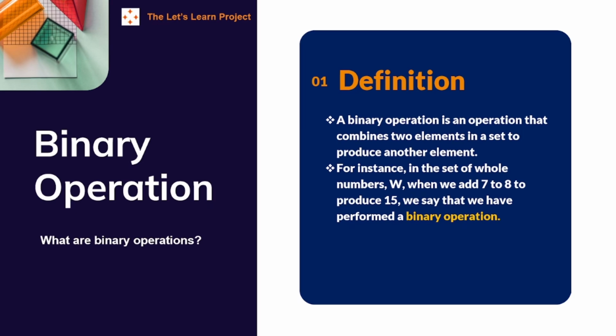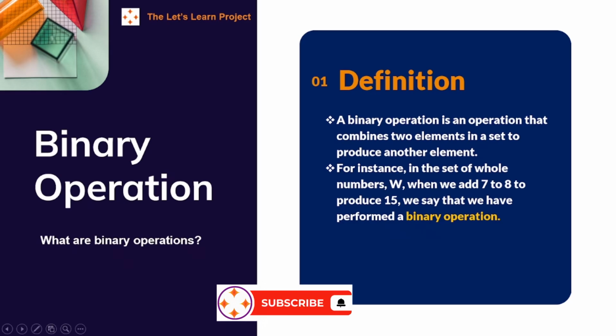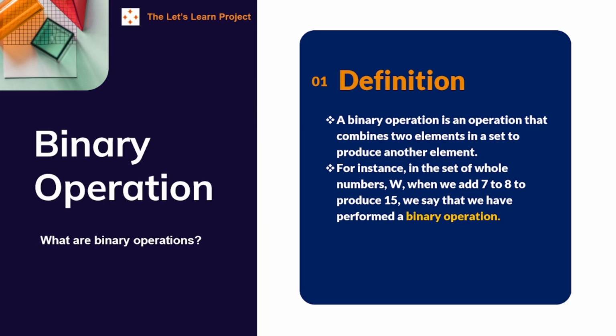A binary operation is an operation that combines two elements in a set to produce another element. So think of addition, the usual operations that we know in mathematics: addition, multiplication, subtraction, and then division.